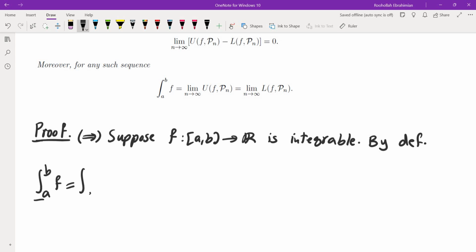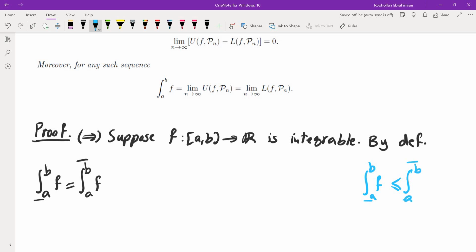Now, in order for that to make sense, all of the upper sums are getting closer and closer to the upper integral. Lower sums are getting closer and closer to the lower integral. So if I want to look at the idea of the proof, the lower integral is always less than or equal to the upper integral.